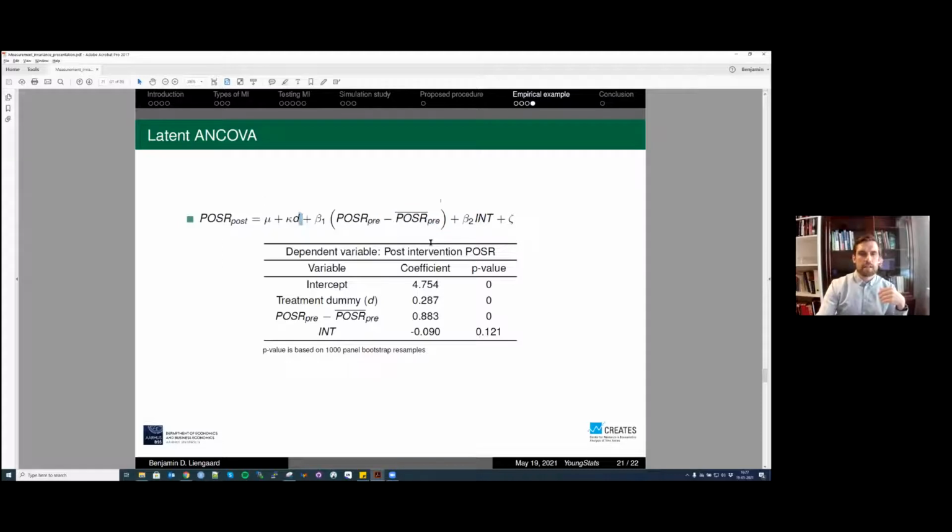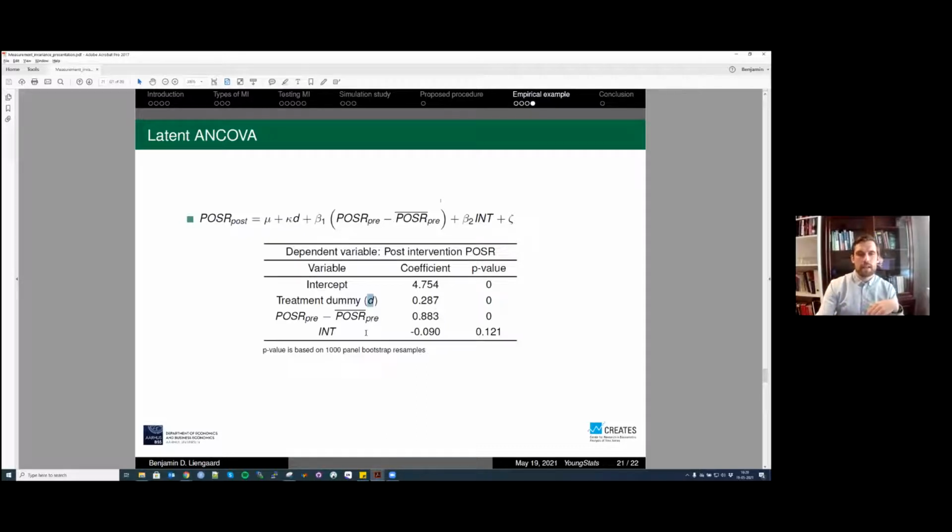So estimating this equation, I can see the treatment dummy is 0.28, highly significant, which is evidence that there is actually an effect of people knowing the risk of doing online shopping.